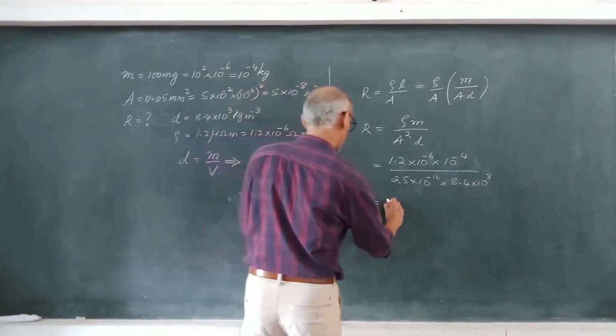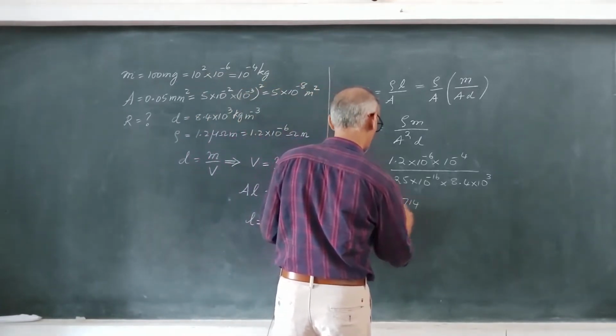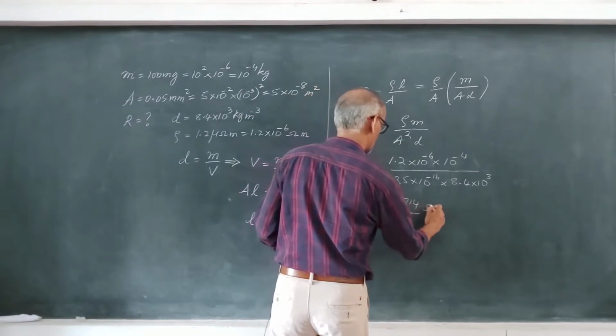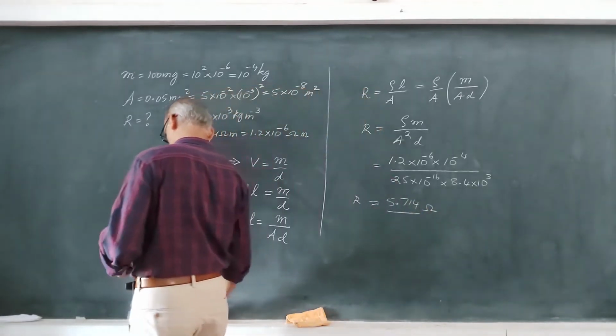So we will get a value of 5.714. We are finding the resistance, so that will be in ohm.